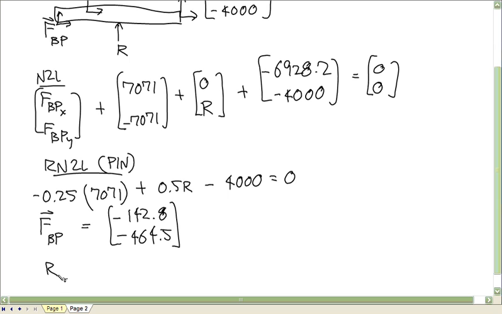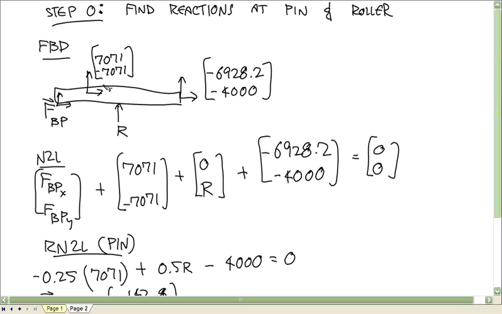And then that reaction at the roller is a big value, 11,535.5. What that tells you is the way I have this set up, these would almost be balanced without this thing here. It almost just balances perfectly. You just need a little help over here at this pin to keep it from rotating, spinning.